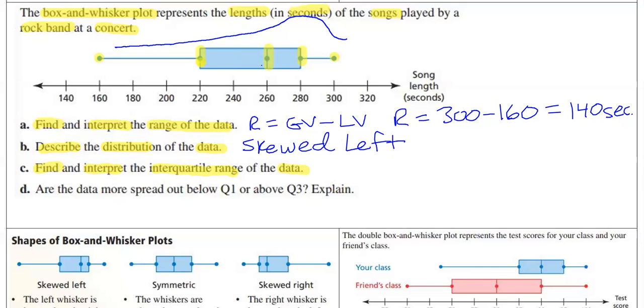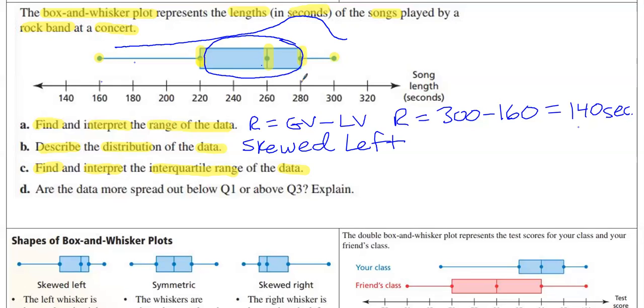Okay, interquartile range. So just like I was saying a minute ago, this range can be affected by outliers. So this 160 seconds may be an outlier. It's way down below the rest of the data. And so it can affect the range, and it can make it seem like the data are more spread out than they really are, right? So in that case, we use the IQR, which is going to be the range of the middle 50% of the data.